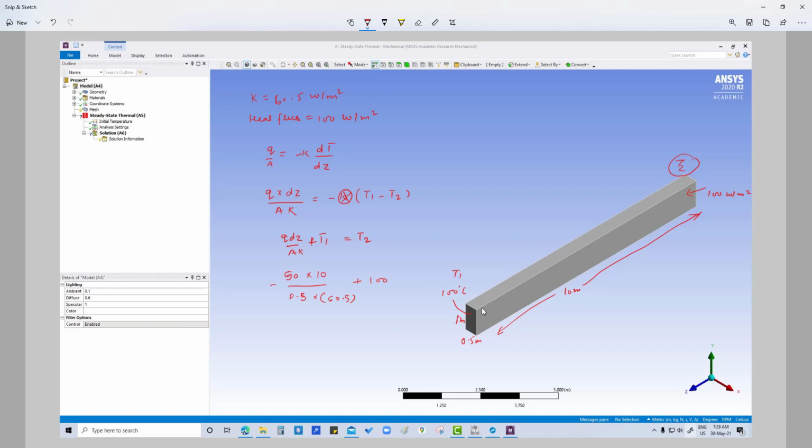If we solve this, then we will get 116.53. So that is matching with the output we have got through analysis.